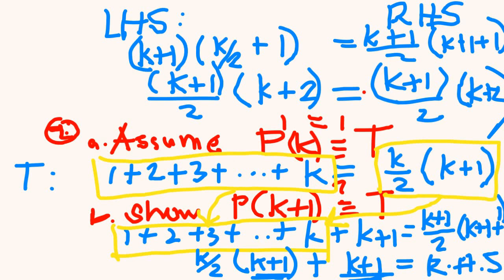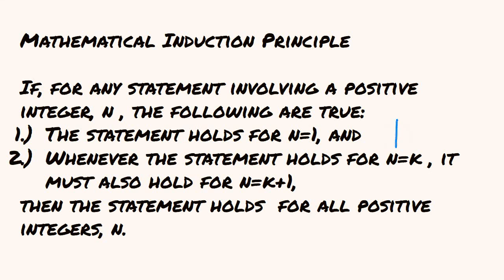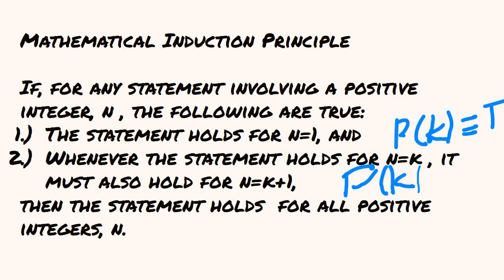Therefore, we have shown that when we assume that pk is true, then it follows that pk plus 1 is true. Therefore, with the principle of induction, if you recall, the base case holds true, and it follows that whenever the statement pk is true, pk plus 1 is also true, so the second case has been satisfied.